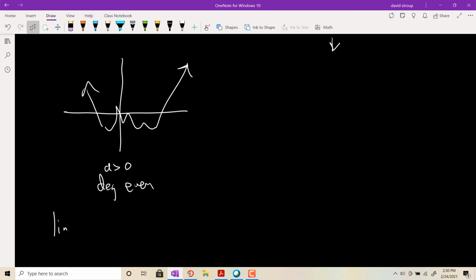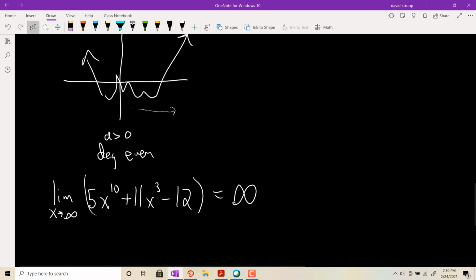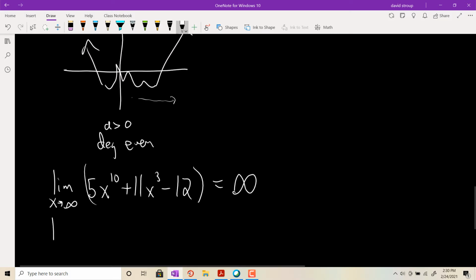So say something like the limit as x goes to infinity of positive 5x to the 10th power plus 11x cubed minus 12. Based on that picture, as I go to positive infinity in this direction, the function's going up and up and up. So it'll be positive infinity. Just like the limit as I go to negative infinity of the same thing will also be positive infinity.